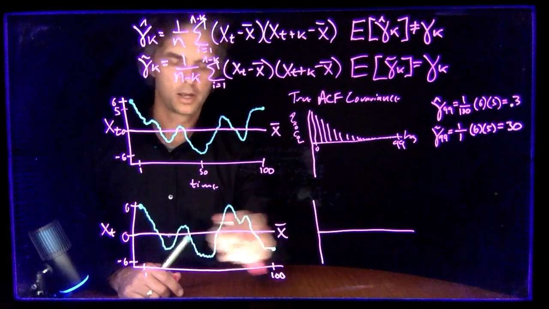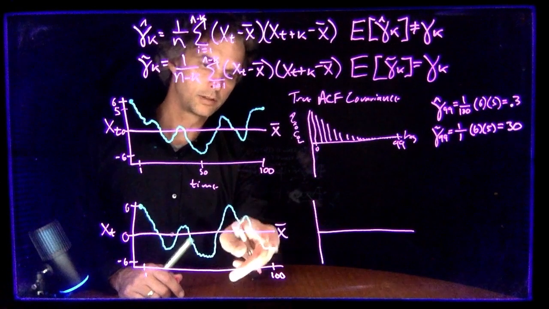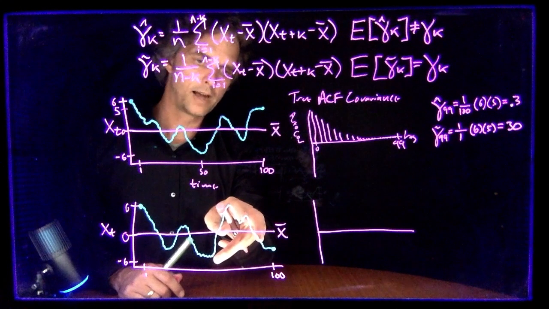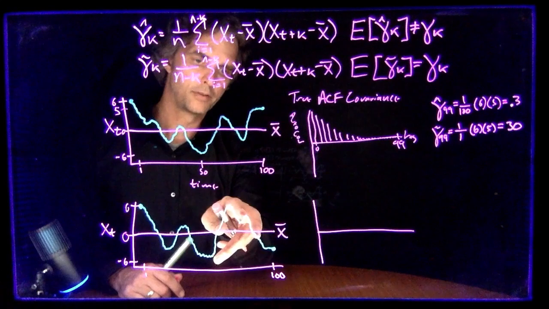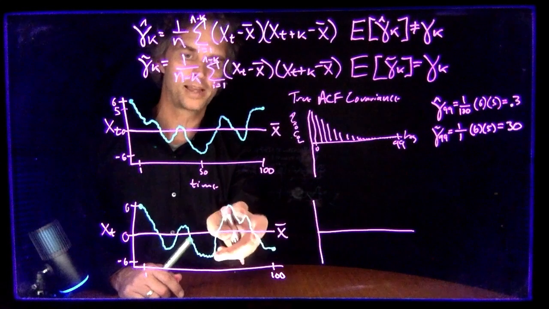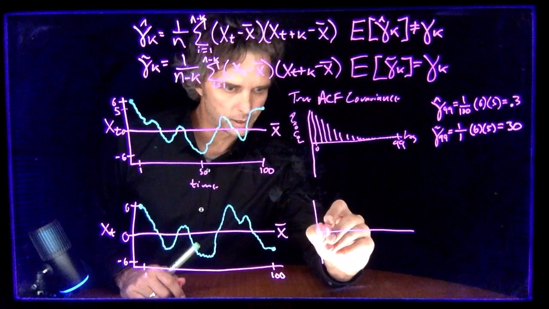They move together. But eventually you get to lag 10, and maybe it's here, here, here, but then you'll get some significant values on either side of the mean. So you'll start getting some of these positive cross products canceled out by some negative cross products, which is why that damps. So this will be, again, at 0.